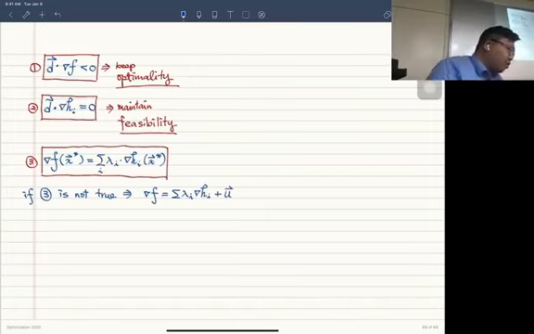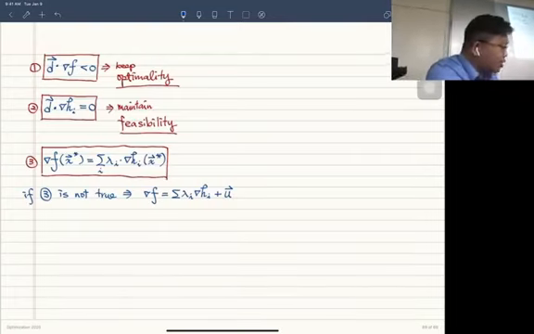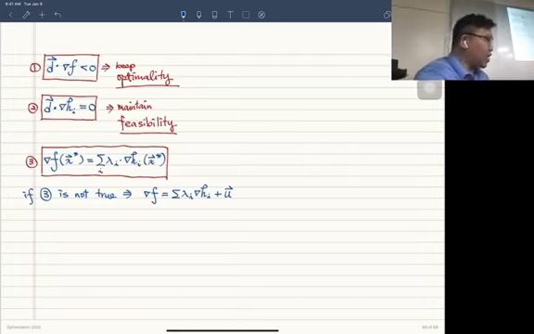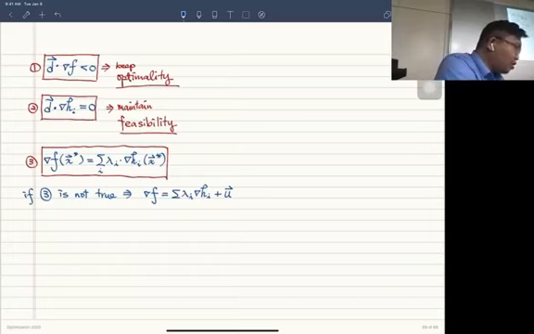Because three is not true, there's a difference between the left hand side and the right hand side of this equation. So the difference could be named as u. If we can show u must be zero, then equation three must be true, right? That's how it's going to be proved.